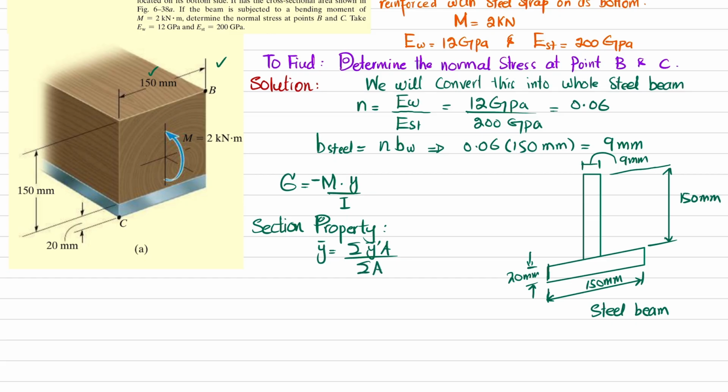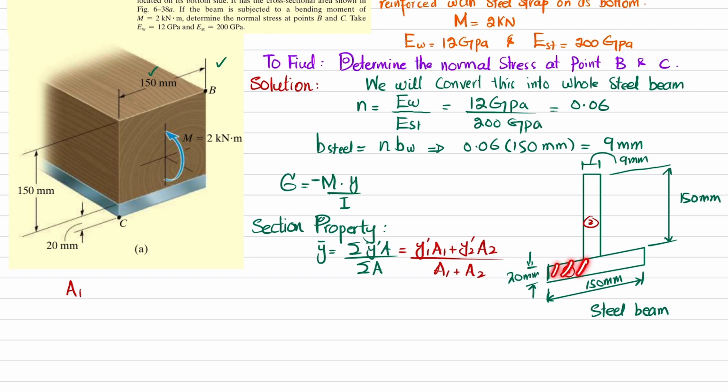So this is your first and this is your second portion. So I can elaborate this formula as y1 dash times a1 plus y2 dash times a2 divided by the sum of areas, which is a1 plus a2. Okay, so now what is a1? a1 is the area of this section.